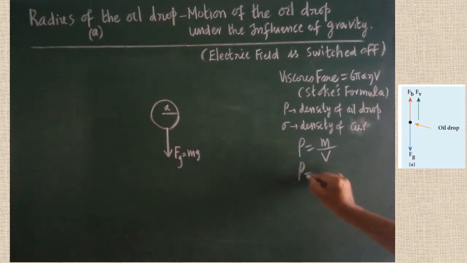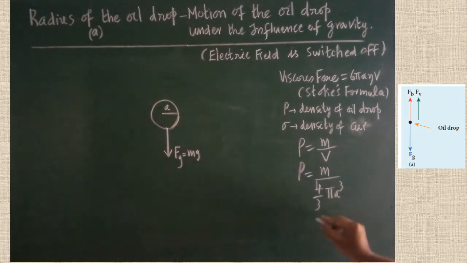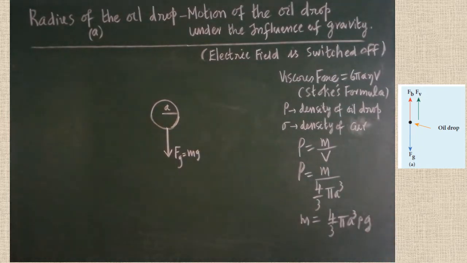So rho is equal to m divided by the volume, and since it is spherical in shape, the volume is 4/3 pi a cubed. Is it clear? This is the expression to calculate the volume. So from this we get the expression for m: m is equal to 4/3 pi a cubed rho. So this is the expression for mass.